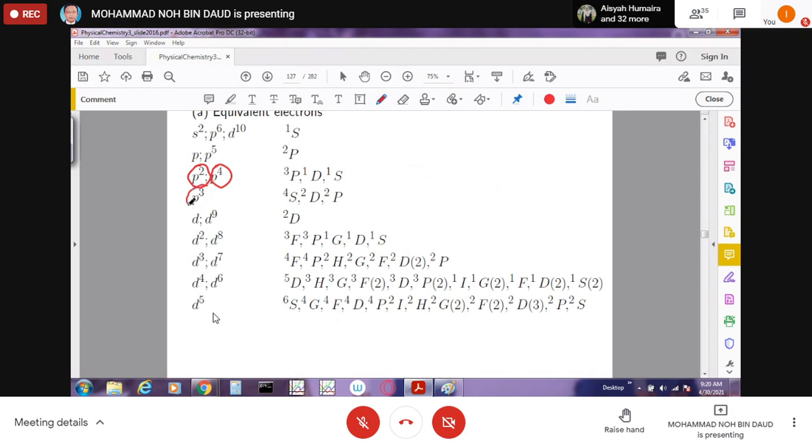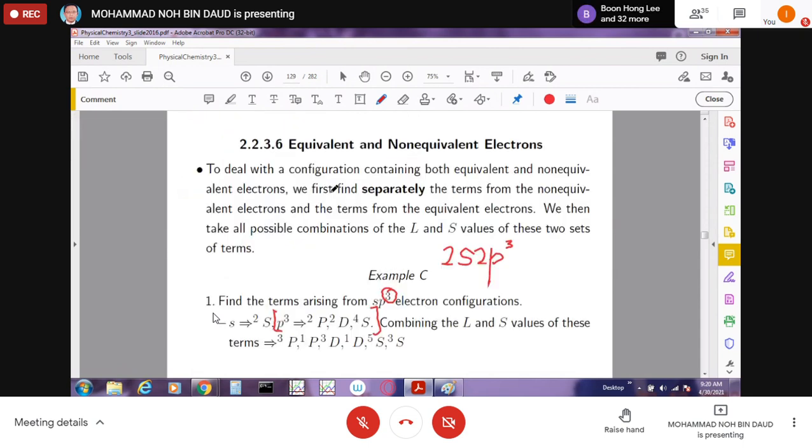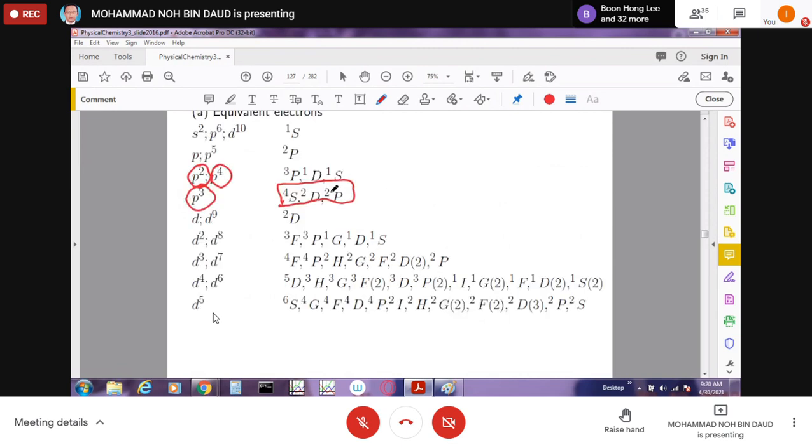For the P3 electrons, we have these S, D, P term symbols. So you must know how to use this table.